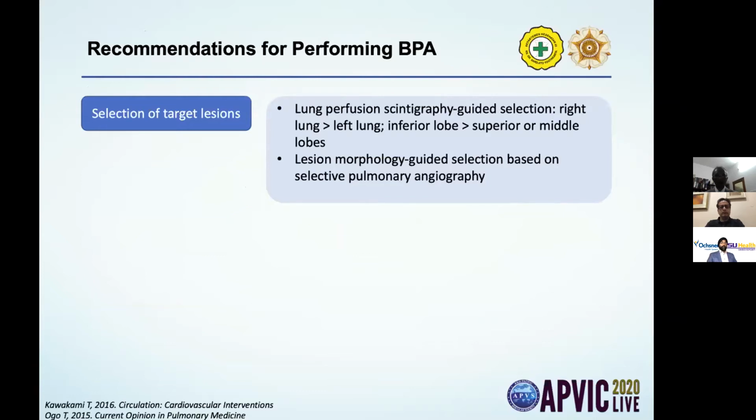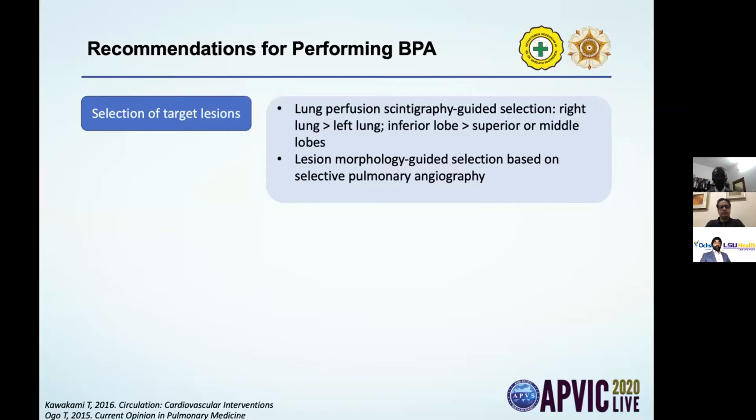And the lesion morphology guided selection means that the type of the thromboembolic lesions from the selective pulmonary angiography will define the outcome of the balloon pulmonary angioplasty itself.